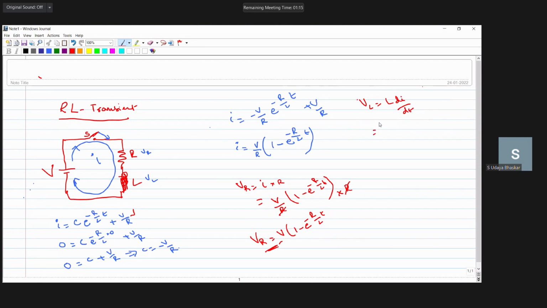So this is equal to L into d by dt of I, where I is V by R into 1 minus e to the power of minus R by L into T. Now see, V by R into 1 is V by R only, so that value is constant. Right? And d by dt of a constant will be 0.